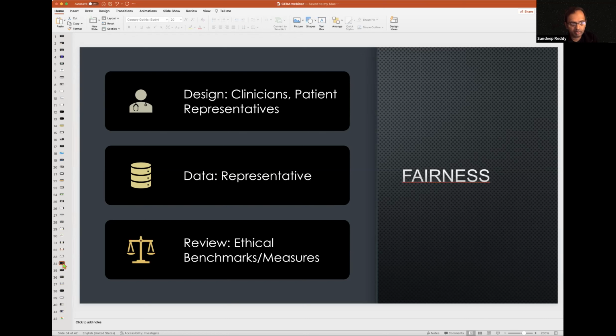In that way, you preempt or mitigate the emergence of any biases. Also, introducing ethical benchmarks and measures to monitor throughout the application and testing of the AI applications has been recommended in that particular governance framework.